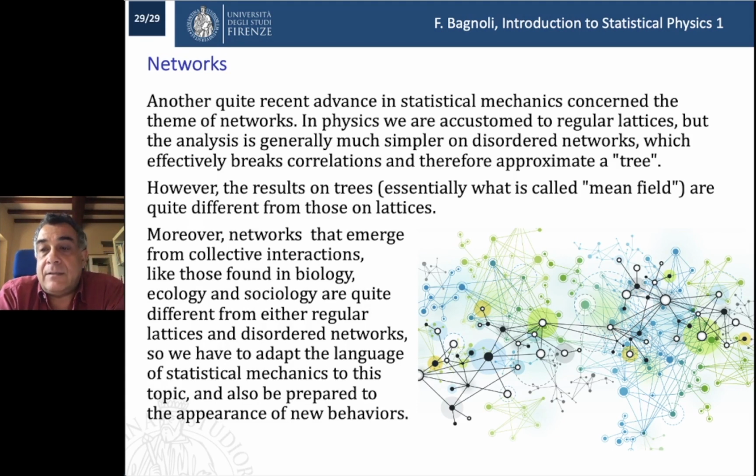But when people started to study real networks, say the network of distribution of energy or the network of contacts among people, all things that are quite interesting, for instance, in modeling the spreading of disease, they discovered that these networks are very different from the ones already studied in physics, because they show some characteristics typical again of a critical system.